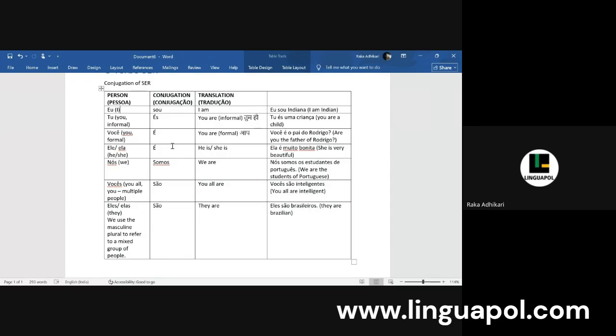This is how you have to memorize it, and I will want to hear this from you in the next class. By the next class, you will have it memorized. Okay. It is very, very important. These are very commonly used verbs in Portuguese, and we have to use it in every other sentence. So you should remember the correct format, which form of the verb you will use with which subject. So same thing we will do with the estar verb as well.